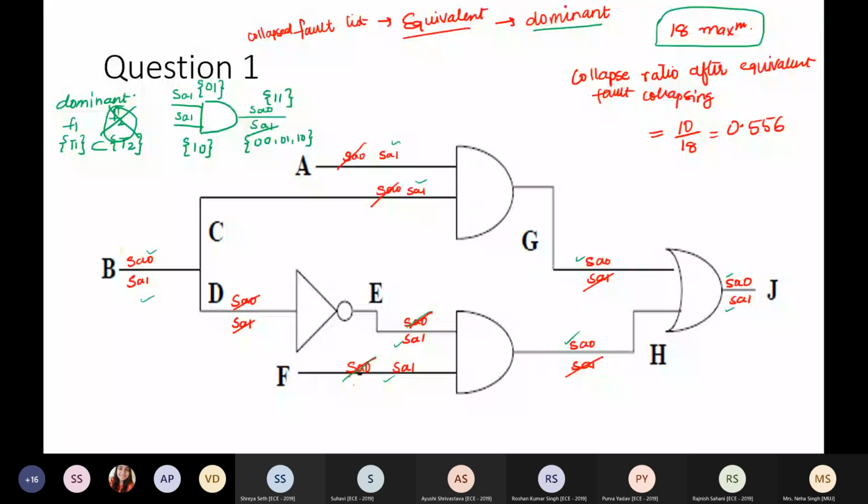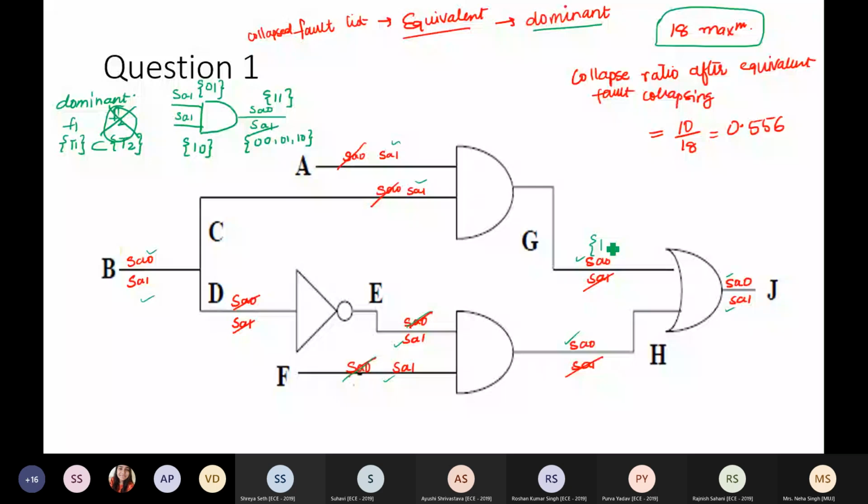The OR gate's stuck at 0 was detected with 1 0. This will require 0 1. Where was the stuck at 0 coming from? And where do stuck at 0 and stuck at 1 come from? From 0 0.